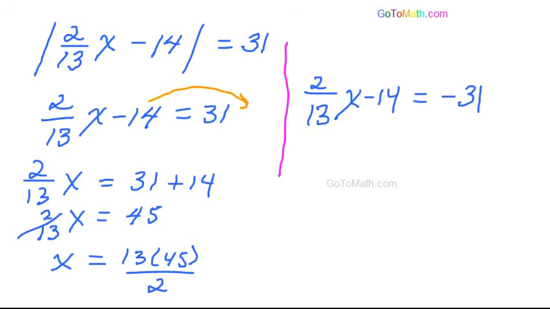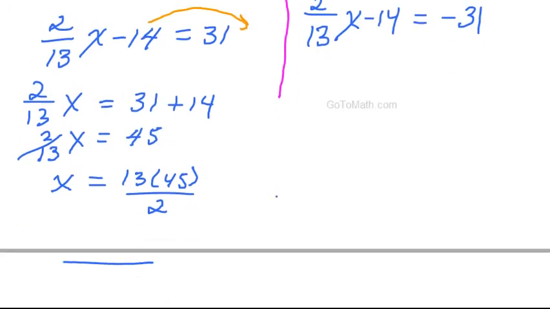So we got 13 times 45, which is 585 over 2. So x is equal to 585 over 2. So that looks like one of our solutions.